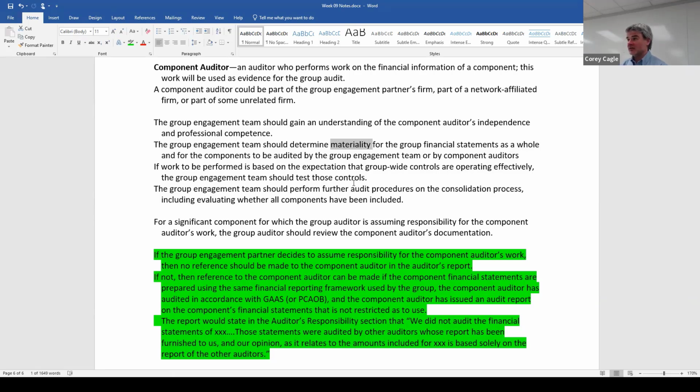Significance is not like the size, if you're doing a group, it wouldn't be 20% ownership. It would be in relation to the financial statements. Is this a material thing? It's an idea of dollar materiality.